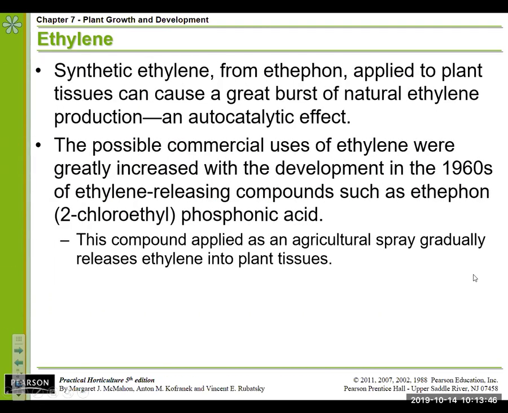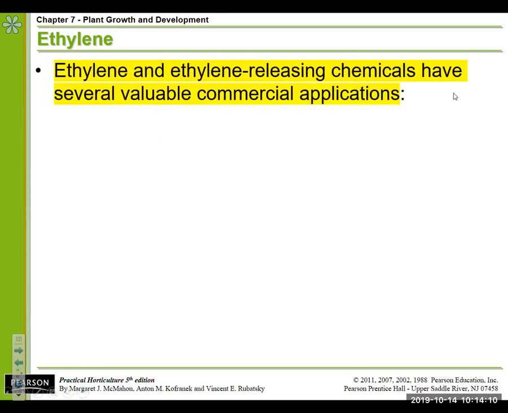So we actually use a synthetic form of ethylene in the chemical ethephon, which is applied to plant tissues to produce more ethylene. Again, we look at using it as an agricultural spray to cause the release of ethylene to accelerate ripening in plants. So here are the commercial applications for ethylene.